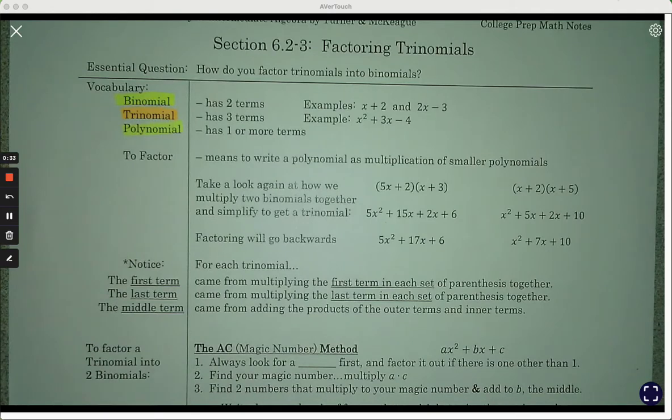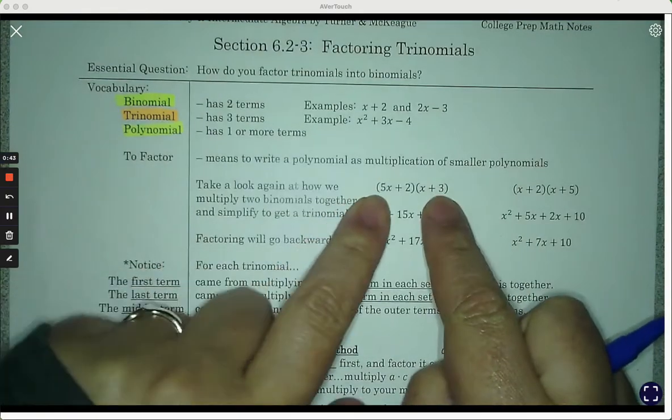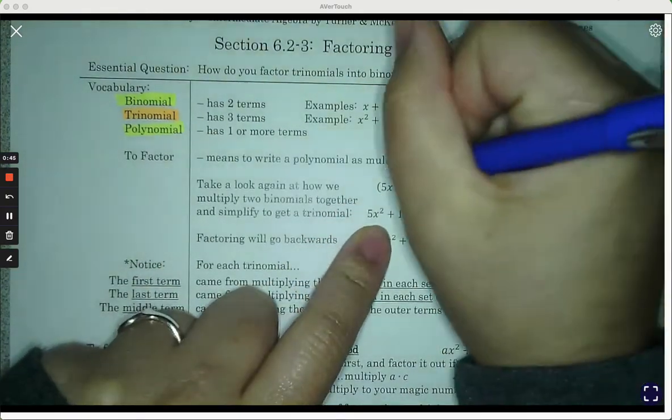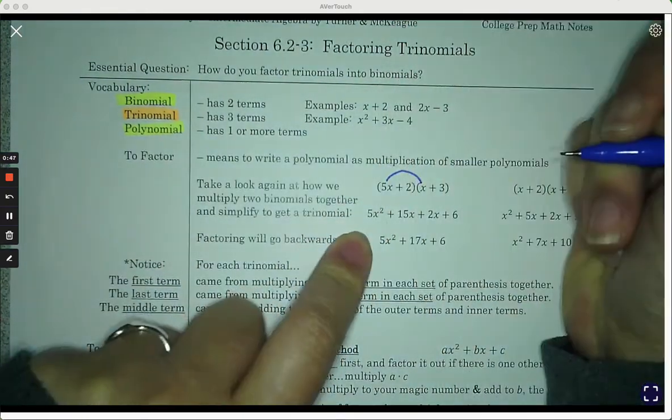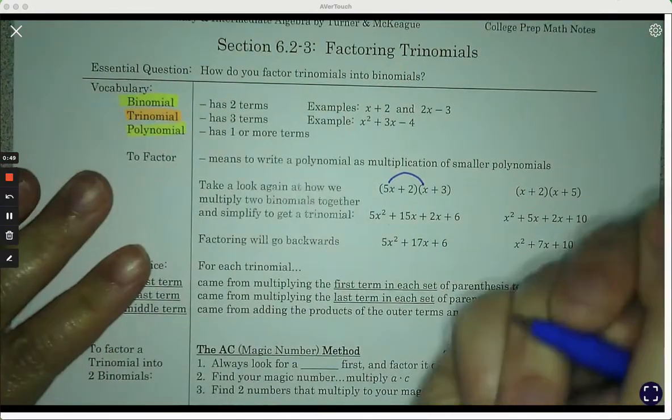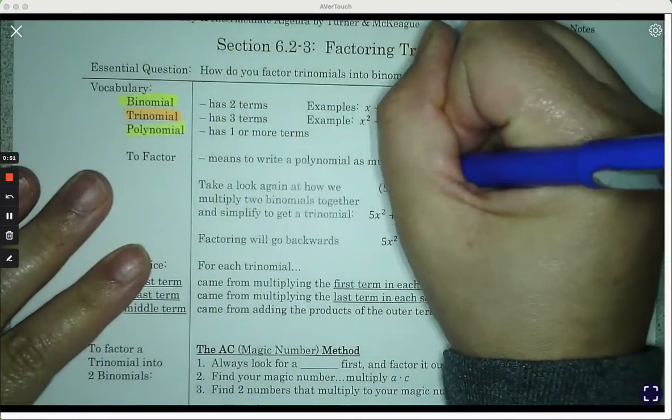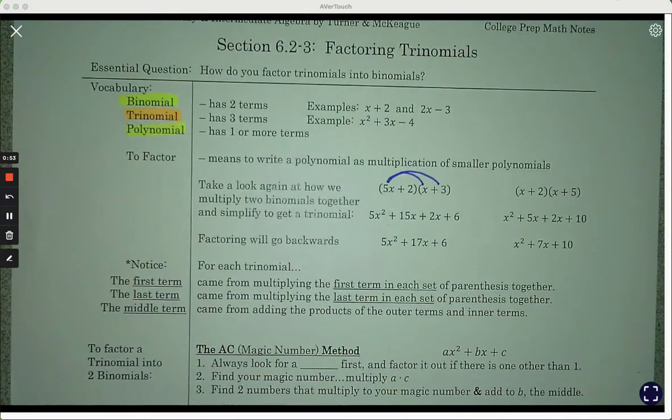Quick review, to factor means that we write the polynomial as multiplication of smaller polynomials. So quick review, again, in order to multiply these two things together, we multiplied x, or 5x times x, and then 5x plus 3.